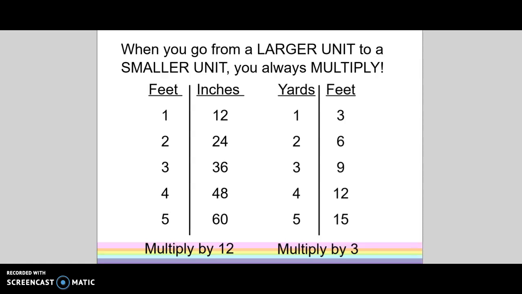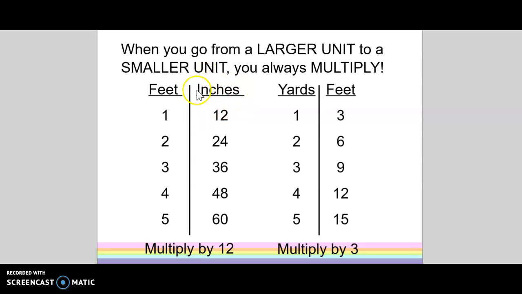So, the main thing when we're talking about conversions, and this is the main part that you need to know, whenever you are going from a larger unit like feet to a smaller unit like inches, you are always going to multiply. So, whenever you're going from large to small, you multiply. And the reason why is because you don't need as many of the large to make up the small.